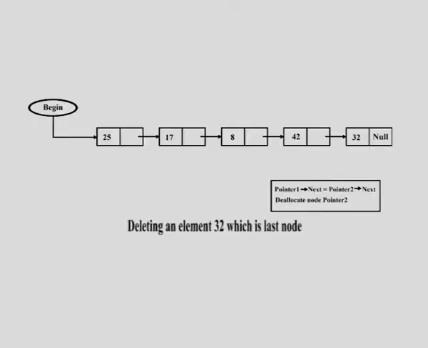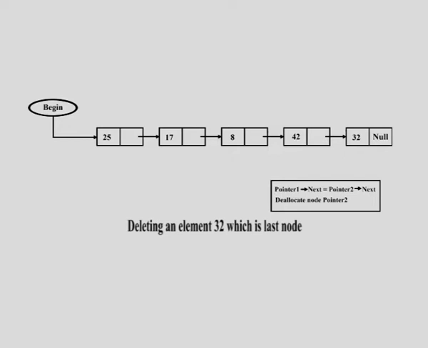If desired node comes out to be the last node, even then same steps will be followed to delete the last node. Consider the following linked list in which we want to delete the node containing element 32. Here we are to delete the last node.